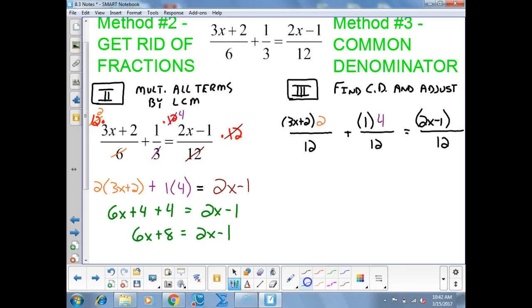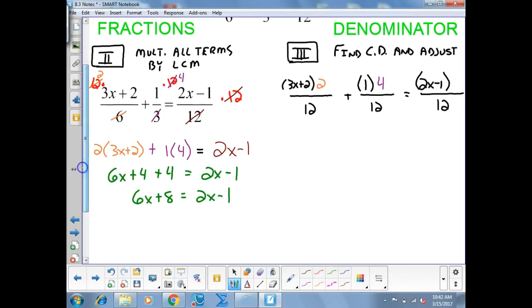Okay, right? Then, once you find the common denominator and you've adjusted your fractions, you forget all your denominators. Okay?